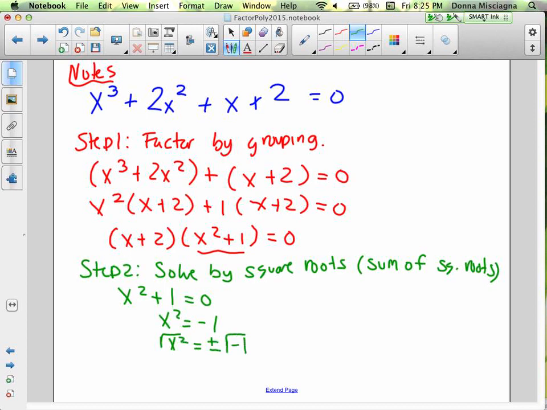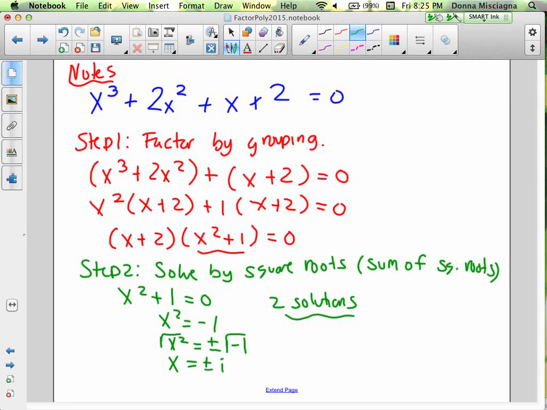You forget. It's a square. You've got to have 2 solutions. Somebody this year, because it happens every year, is going to forget the plus or minus and lose a solution and lose points. So reserve this technique for when you don't have another technique, like a sum of squares. So now I have x is equal to the square root of negative 1. Of course, that is i.